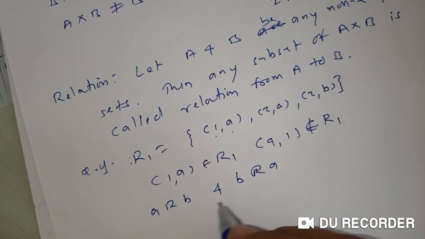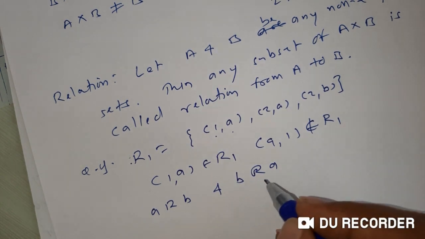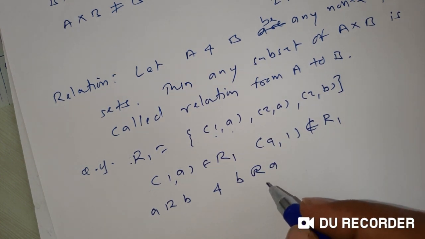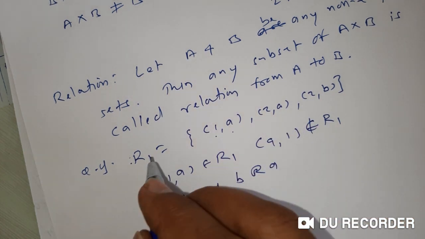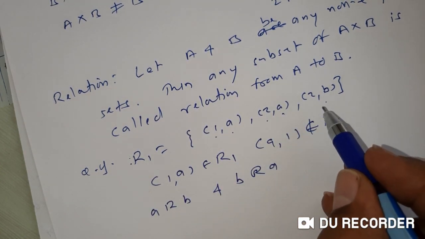If A is related to B, then we cannot say that B is related to A. If both AB and BA are present in the relation, then we can say that A is related to B, and also B is related to A. So under this relation R1, 2 is related to a, and 2 is related to b.